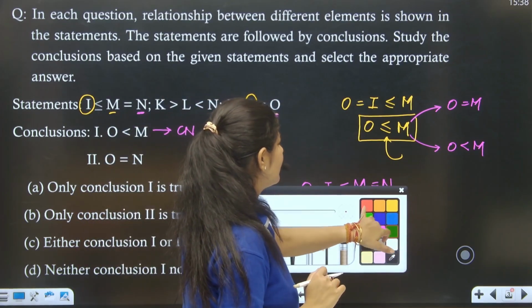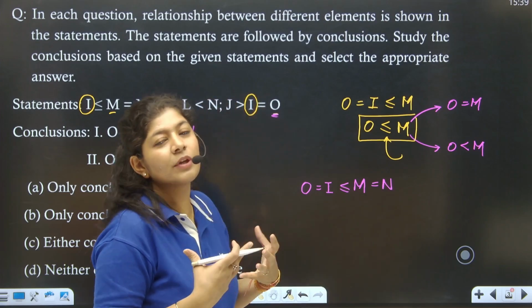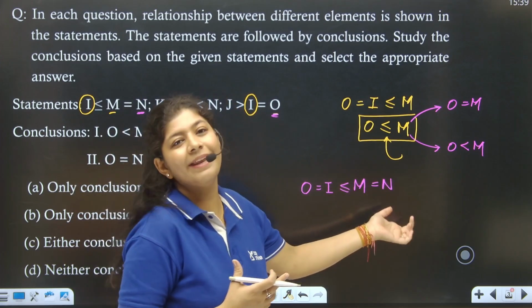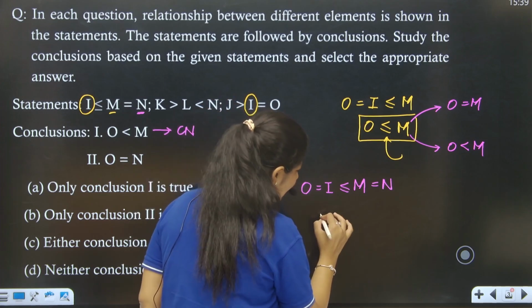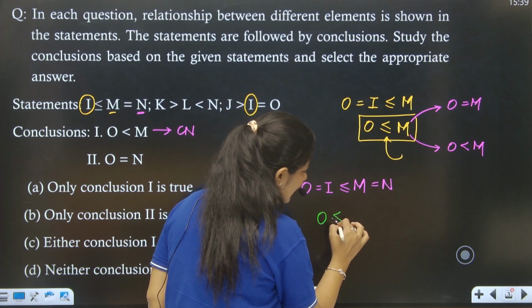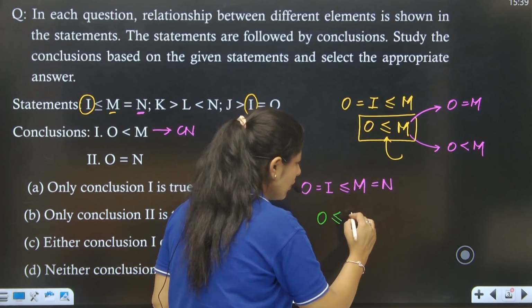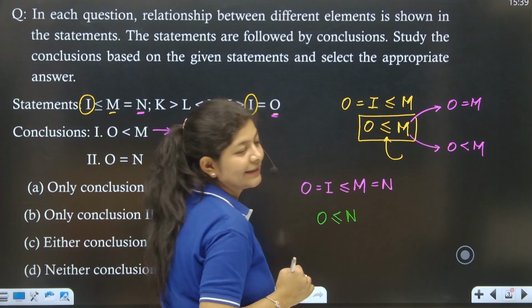Now we try to write the relationship between O and N. As these entities are equal, I can write it as O less than or equal to N.